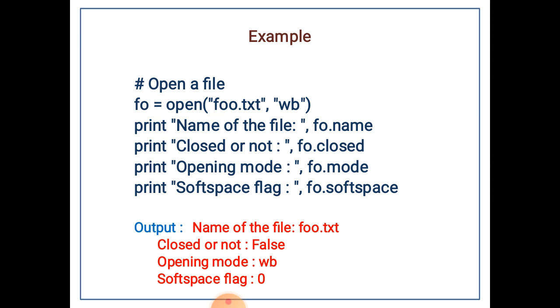There you see the print statements, which give the name of the file, whether the file is closed or not, what is the opening mode, and what is the soft space flag.